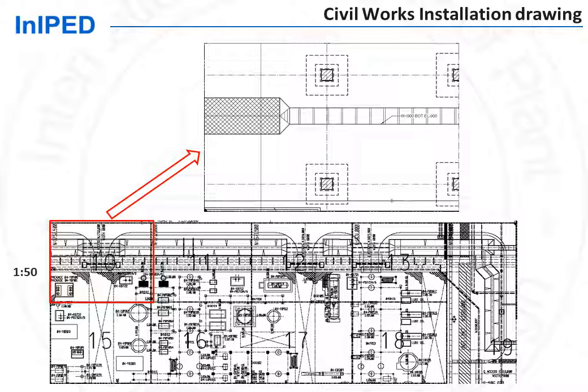The precise positioning of all underground networks requires the issue of large-scale drawings. These are the civil area drawings, also called civil works installation drawings. The plant territory is divided into areas as shown on the key plan.